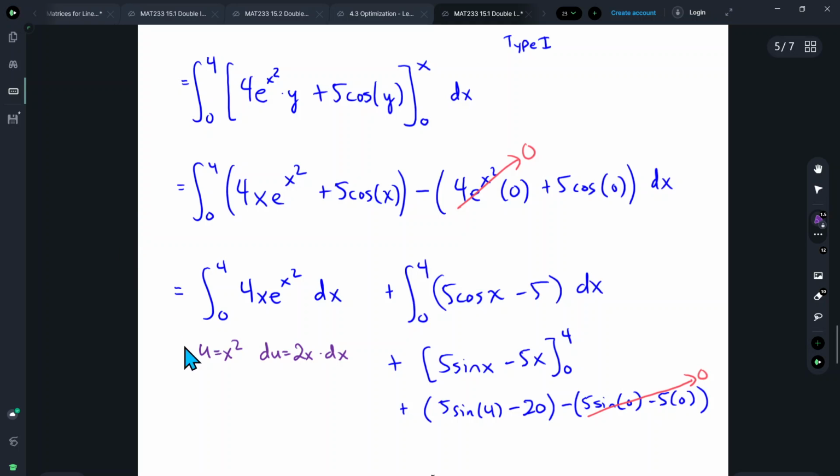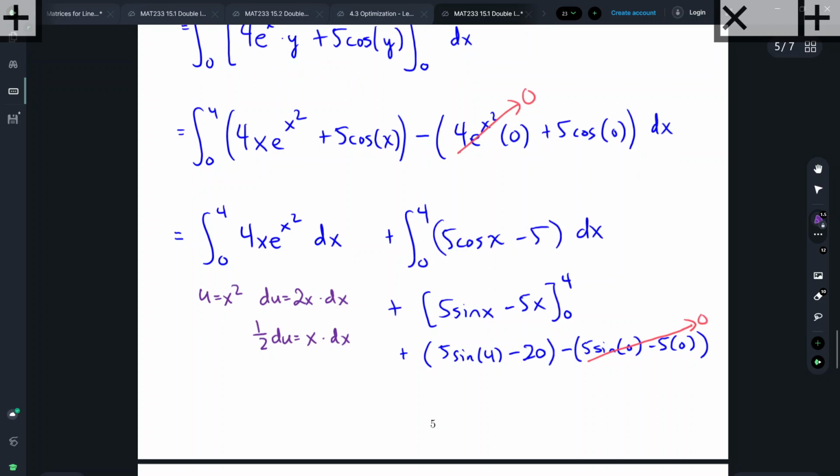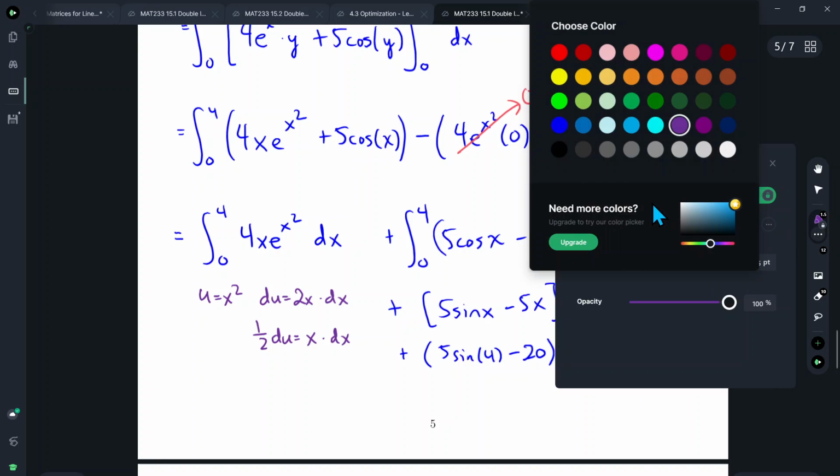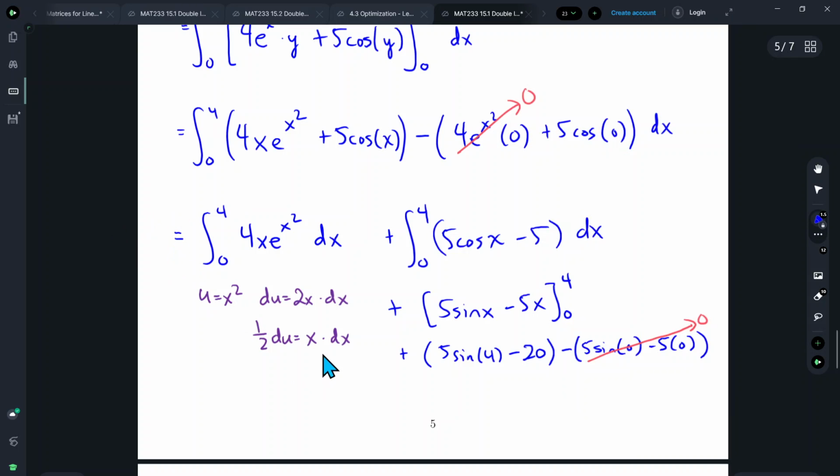So I can move the 2 to the right hand side by dividing, so you get 1/2 du is equal to x times dx. Okay, so what do I get here? Right, so the x times dx, so this x and the dx becomes 1/2 du.